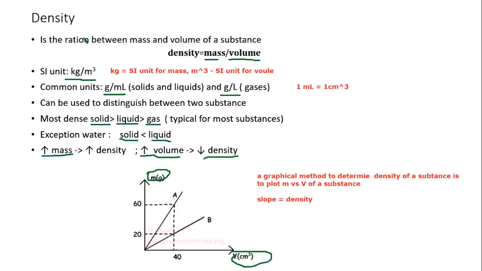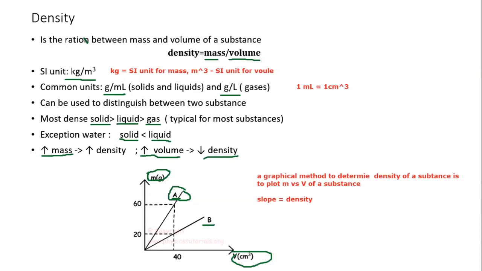So if you were to determine the slope of this line, that would tell you the density of A. Likewise, when we plot the mass and volume of substance B, when we plot the data, we'll be able to get a linear regression, and the slope of that line would tell us the density of B. Now, since A has a steeper slope than B, that tells you the density of A is greater than the density of B.